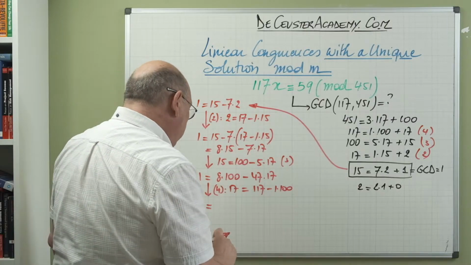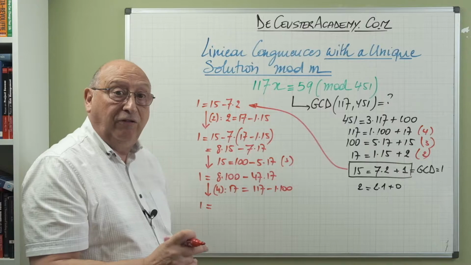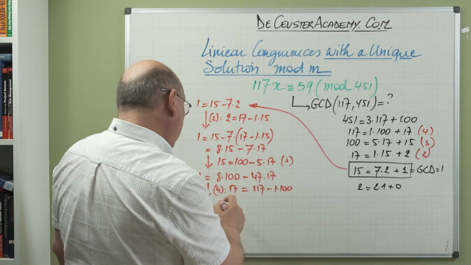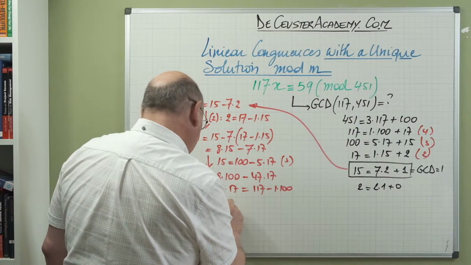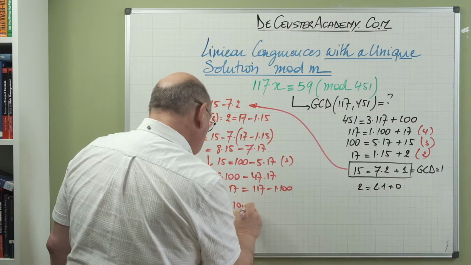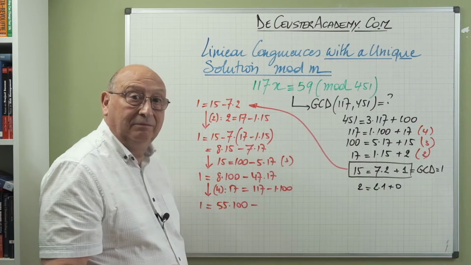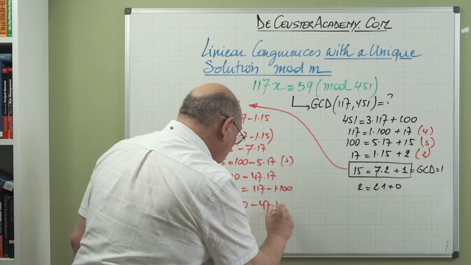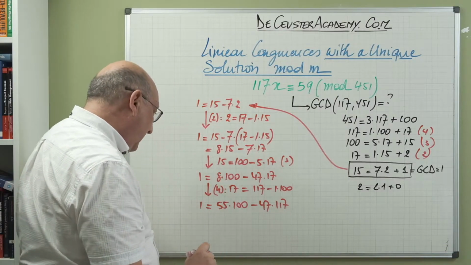So we find 55 times 100 minus 47 times 117.